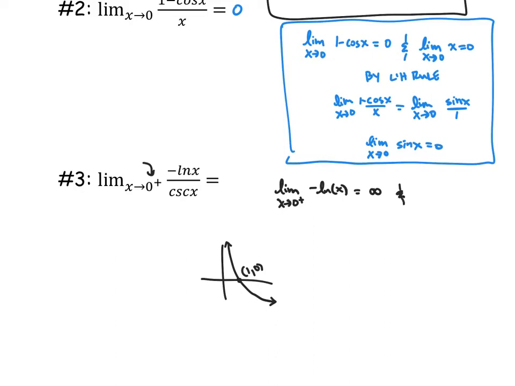Likewise with the denominator, the limit as x goes to 0 from the right of cosecant of x. Cosecant is the reciprocal of sine. Here's sine at 0. Cosecant at 0 would also be approaching, excuse me, infinity.